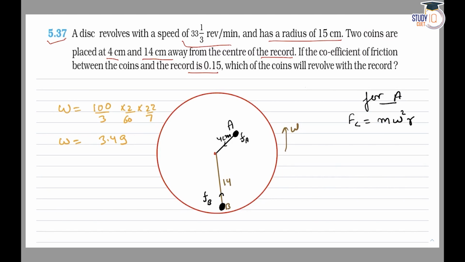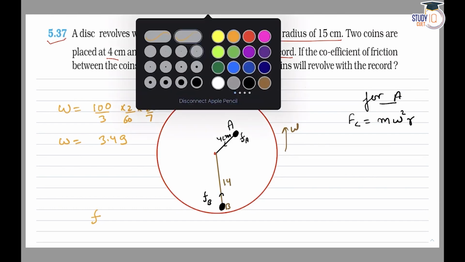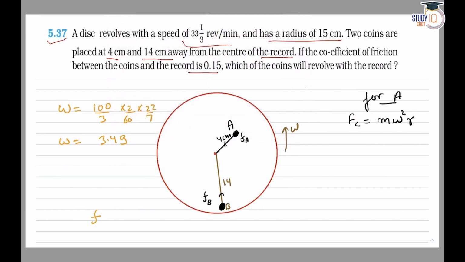Now the frictional force acting on coins A and B is equal to mu into N. Both the coins are identical, so both will have the same mass and the same coefficient of friction. So the friction force will be the same for both. The frictional force is equal to mu s into N, which is equal to mu s m g.